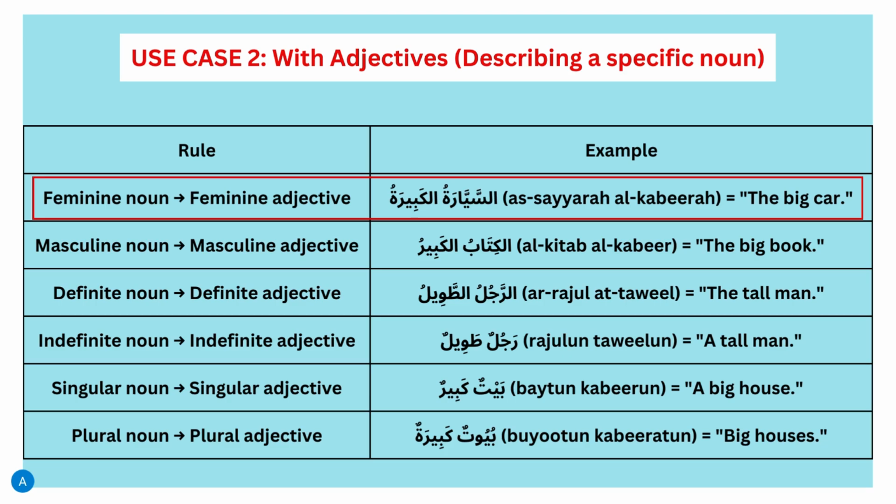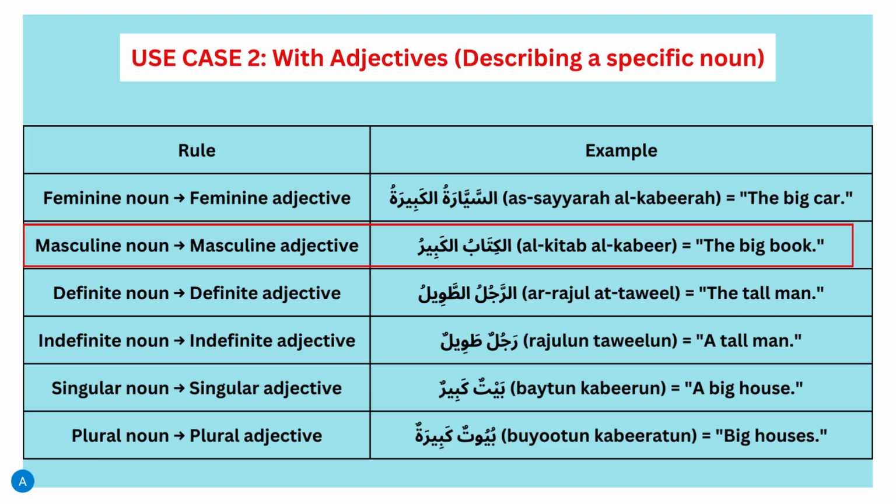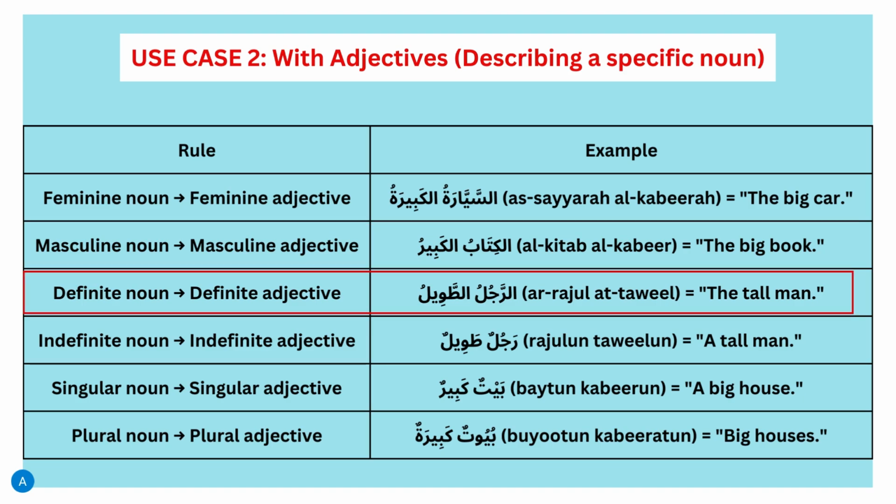So, it's the big car. A masculine noun follows a masculine adjective, such as the big book, al-kitabu al-kabiru. And the definite noun follows the definite adjective, the tall man, ar-rajul at-tawil.